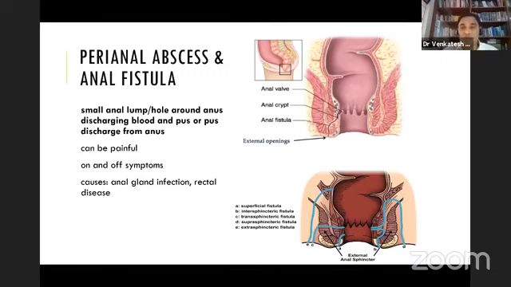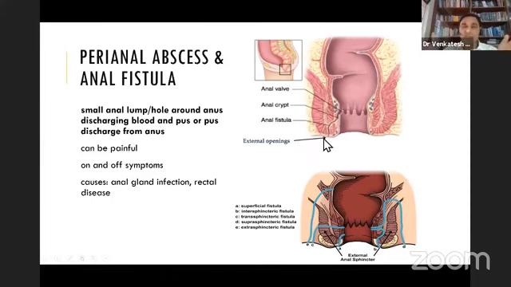It can have on and off symptoms. What happens is the pressure builds up, motion comes down and goes into this internal opening. I told you 45% of the abscesses which are drained will end up in a fistula. So the tract remains, and motion comes down a little bit, gets into this tract, something gets blocked, infection ensues, pressure builds, pus collects, and then bursts out.